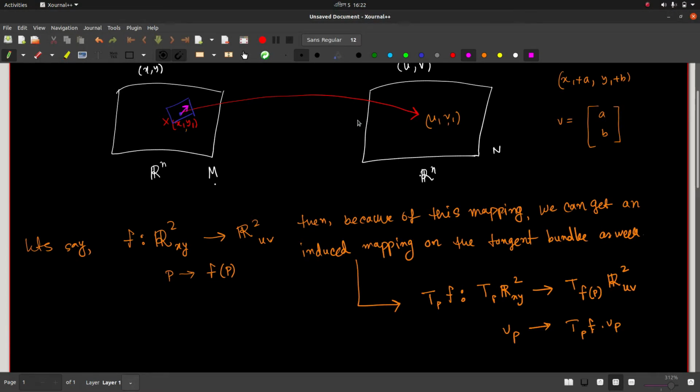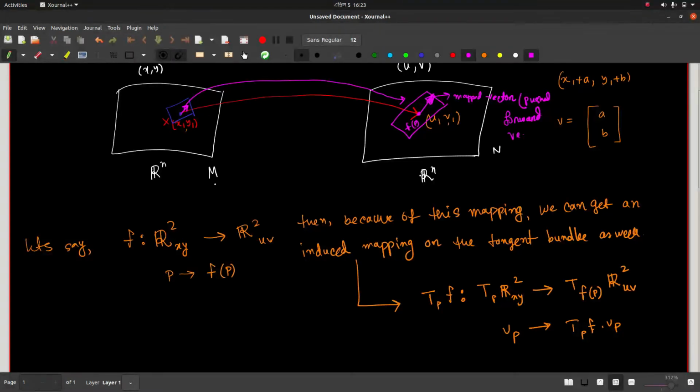So what will happen in this push forward mapping is that this vector will get mapped into another vector at this point, which is denoted by f of p, like this. So this is the mapped vector, or so to say the pushed forward vector.